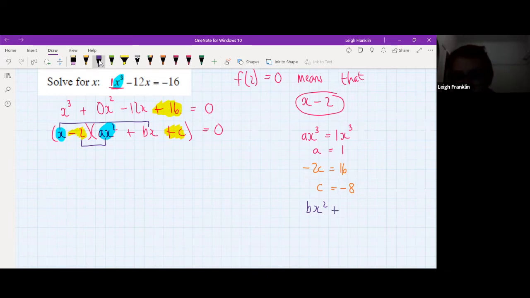This gives us plus, oh, sorry, it doesn't give us plus at all. It gives us minus, doesn't it? Minus 2x squared is going to be equal to, and this is where that 0x squared was so important, we observe that it is equal to 0x squared. Does that make sense to everyone? This is the difficult bit, I guess.